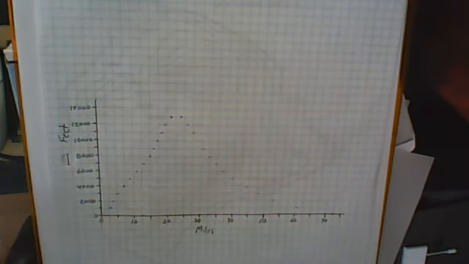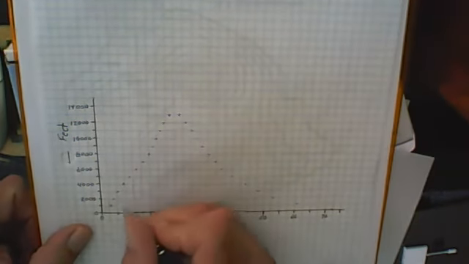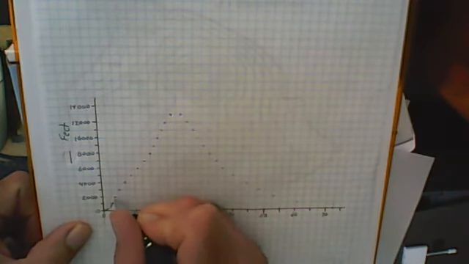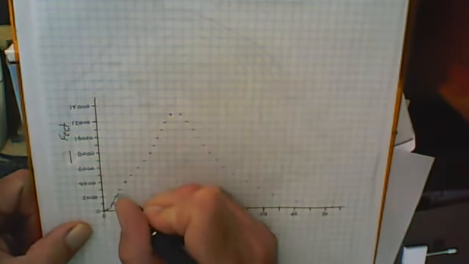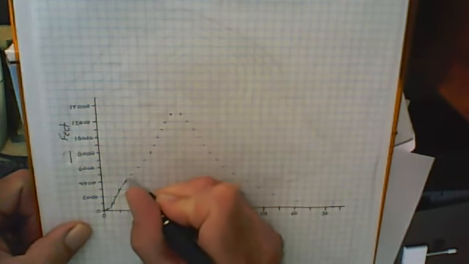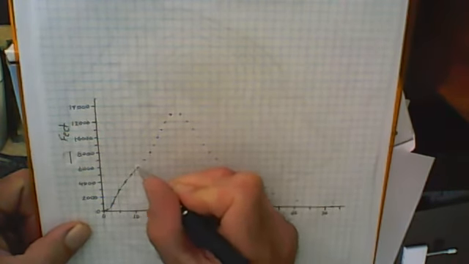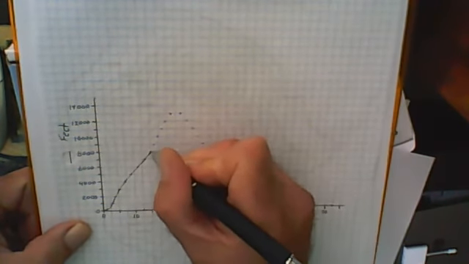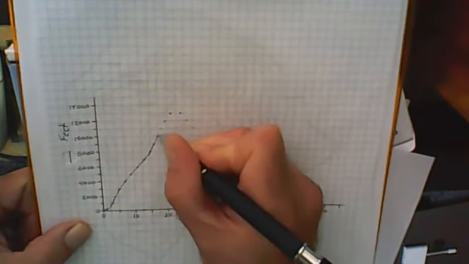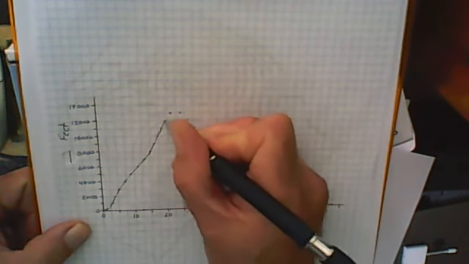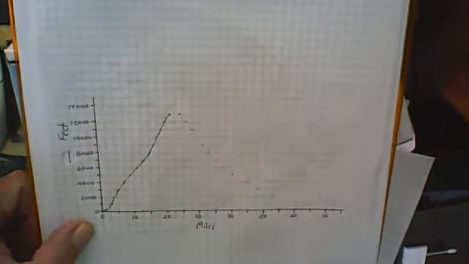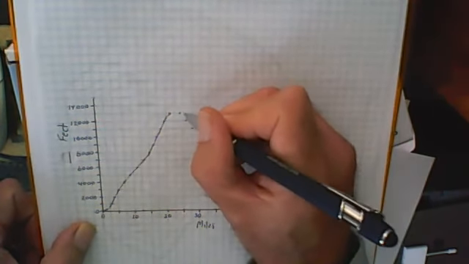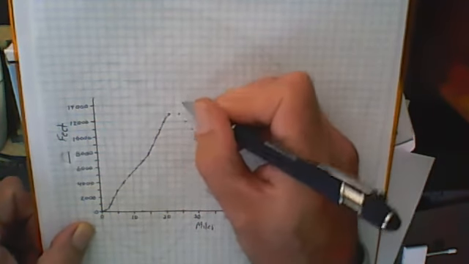Then the next step is simply to join up the dots, right? So this is fairly easy. Start at sea level. And then we just join those points up as smoothly as we can. Okay, now we've reached the top, but the top of that mountain is a little bit higher than 13,000 feet.